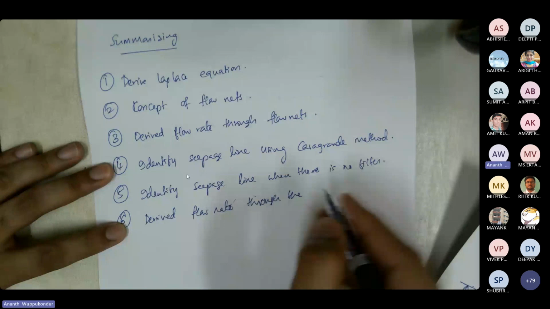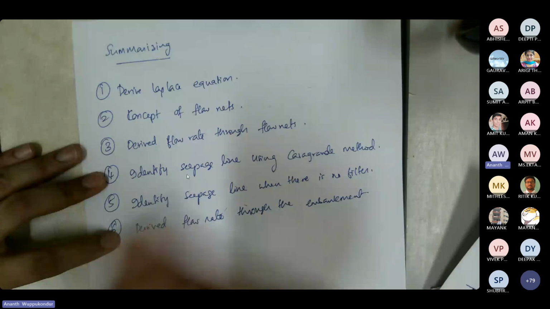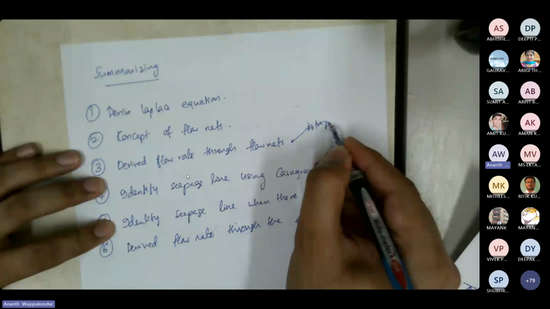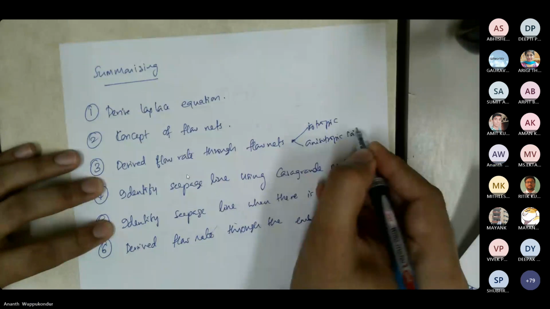And when we derived the flow rate through flow nets, we also did isotropic soils and anisotropic soils. So this is the summary of the concepts that we did today.